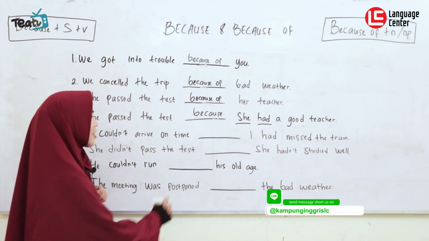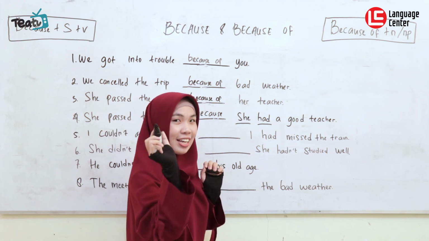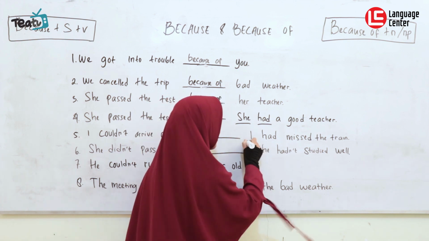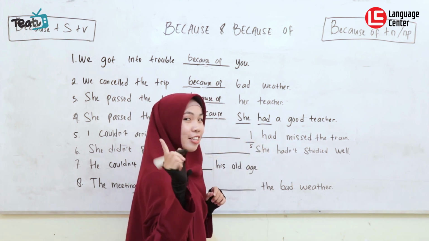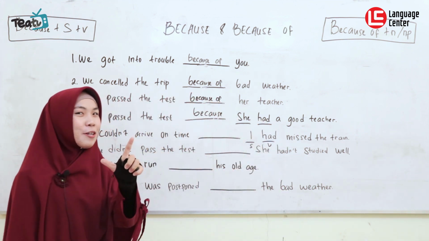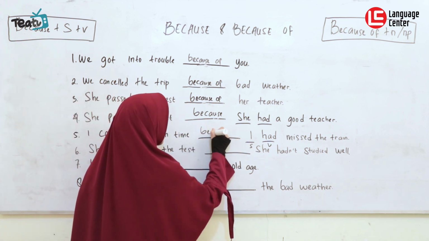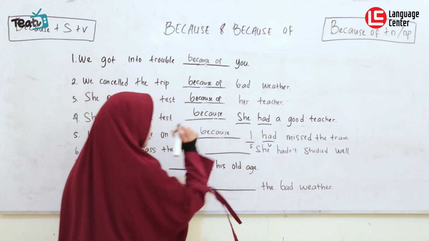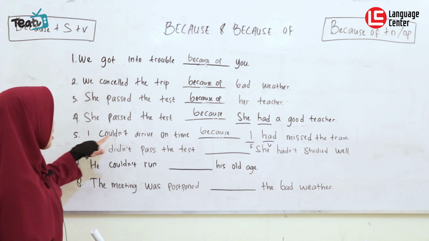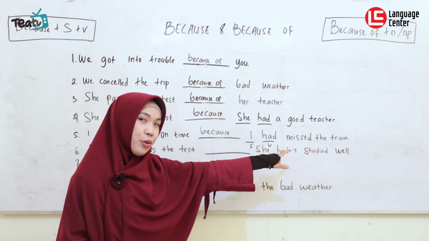Of course, this is the clue. The clue is I, where I is a subject and had is a verb. So, that means the answer will be because. Good one. So, let's read together. I couldn't arrive on time because I had missed the train.